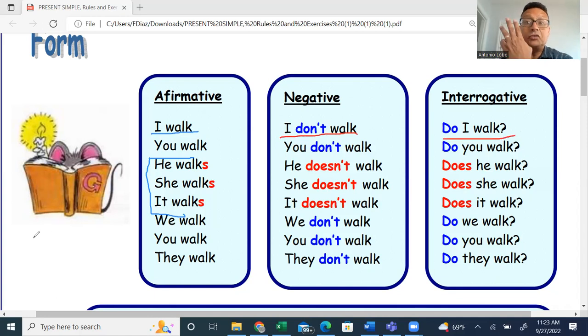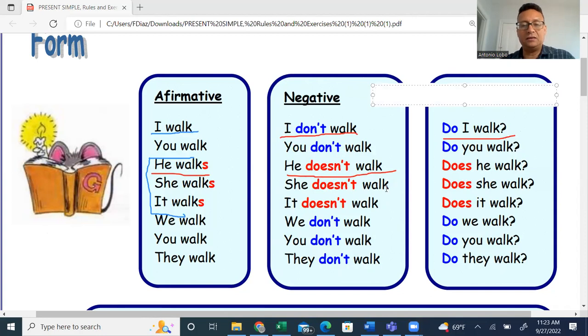Okay, third person, he walks. Negative, he does not walk. Doesn't is the same as does not. Okay, doesn't is the same as does plus not. And it becomes doesn't.